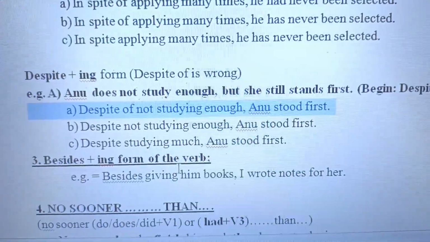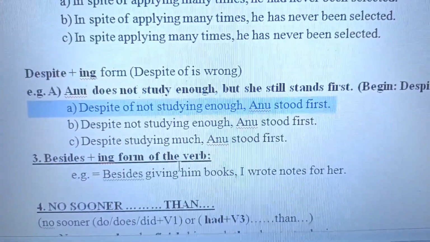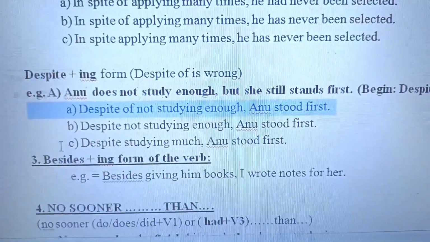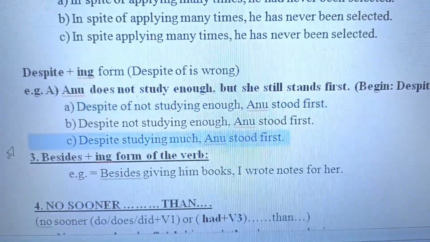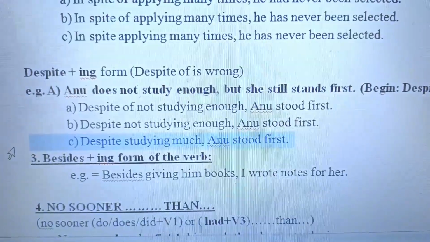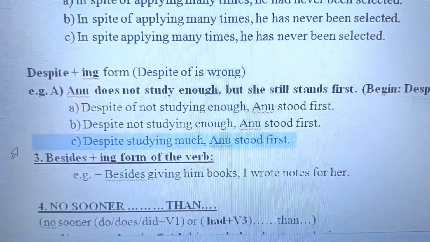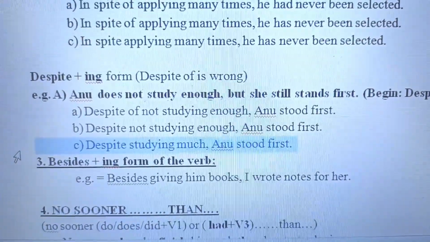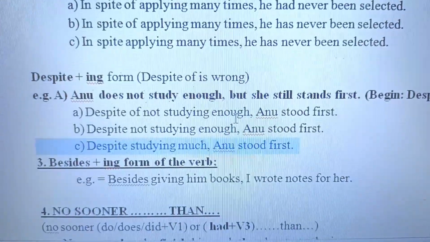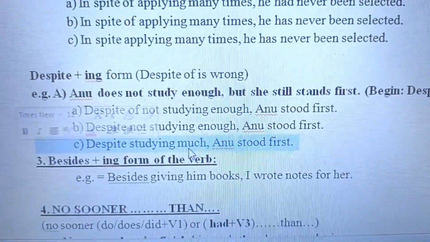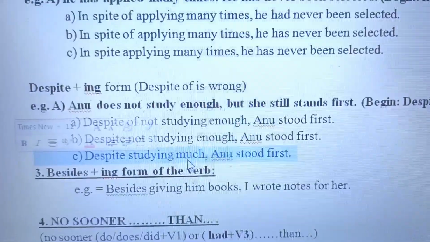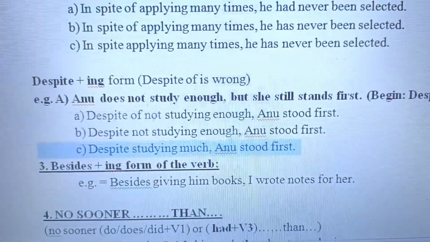We do not use despite of. So option A is wrong. Just see option C. Despite studying much. After despite ing form is used, but then enough is not used. Much is used. That's why this sentence also is not correct.